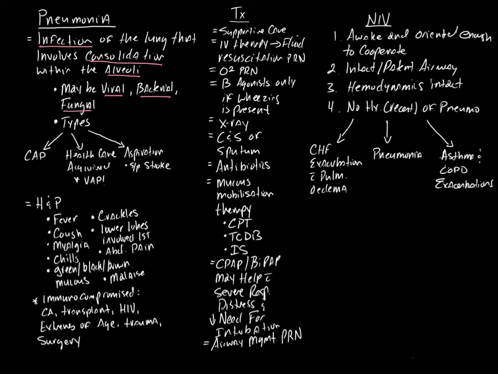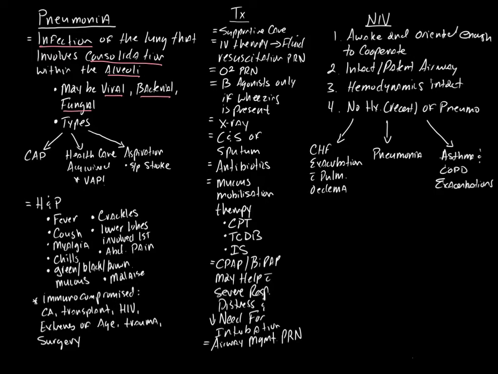Inflammation occurs. What happens with inflammation? That draws the immune system in, right? You get white blood cells infiltrating the area. You get fluid shifting in the area, and the alveoli begin to fill up with stuff. And that's what we call a consolidation. Right? You guys okay with that? All right. That's fundamentally what pneumonia is.